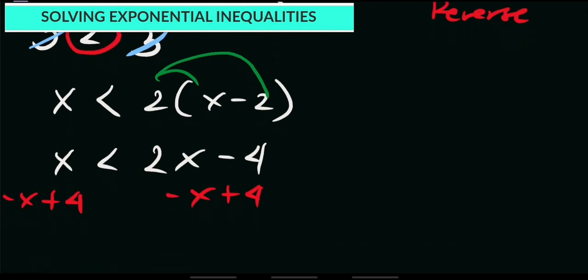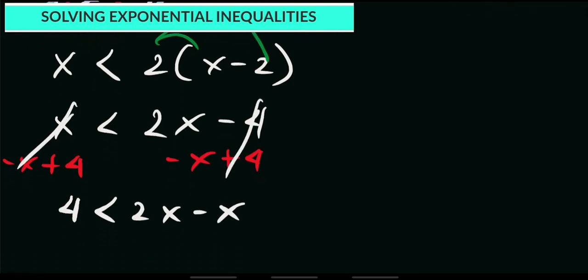So kakaroon ka ng 4 is less than 2x minus x. Cancel out the x sa kabila. To solve this, 4 is less than 2x minus x, that is 1x or simply x.